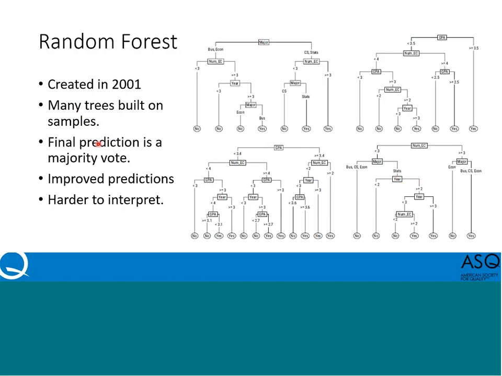Random forests were created in 2001 by a statistician, but they're often considered a machine learning method because the predictions are so good. Random forests often win machine learning competitions. The downside is that they do get harder to interpret. One tree is hard enough. Now imagine 500 different trees.